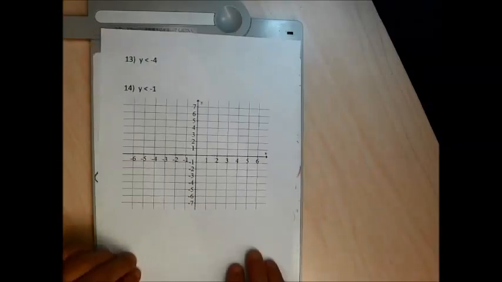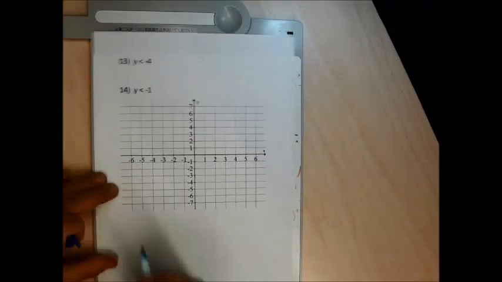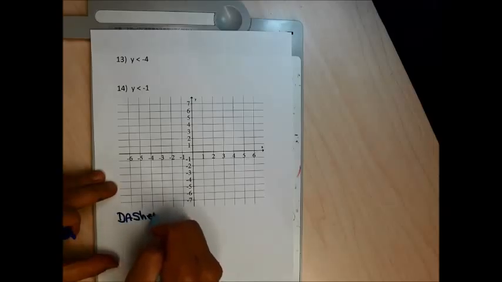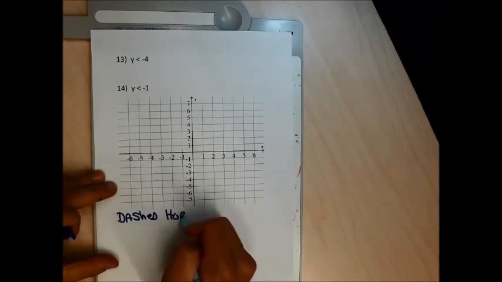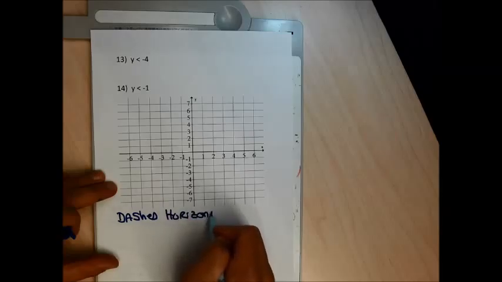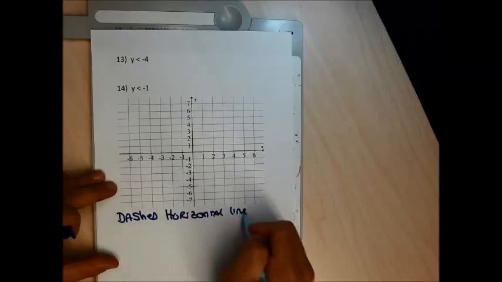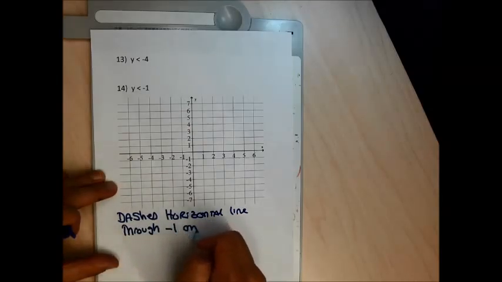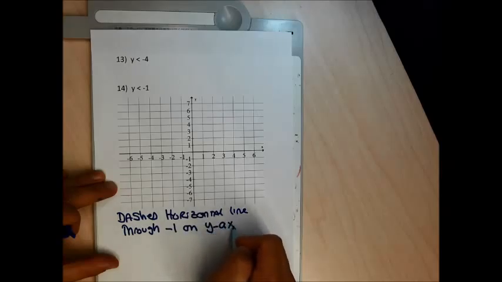When I go to do 13 and 14, for 14 I'm going to start off with a dashed horizontal line, because I don't have an or equal to, through negative 1 on the y-axis.